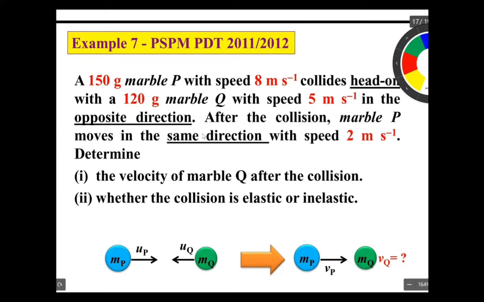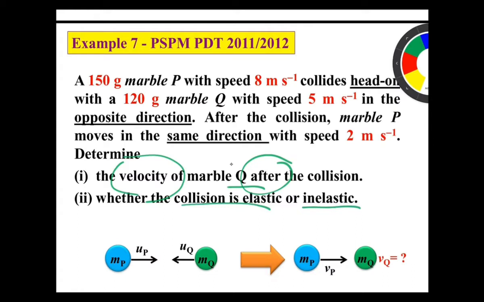After the collision, marble P move in the same direction with speed 2 meter per second. Determine the velocity of the marble Q. Nak cari marble Q. After collision, state the whether collision is elastic or inelastic collision.